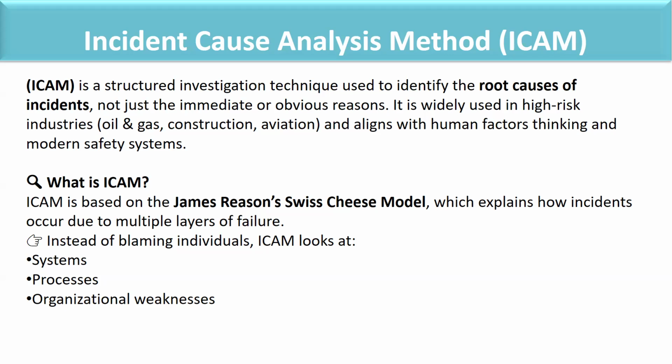Instead of blaming individuals, ICAM looks at system, process, and organizational weakness. When there is an accident, like somebody is using a defective ladder, we cannot blame this guy who is using the defective ladder, because what's the problem?